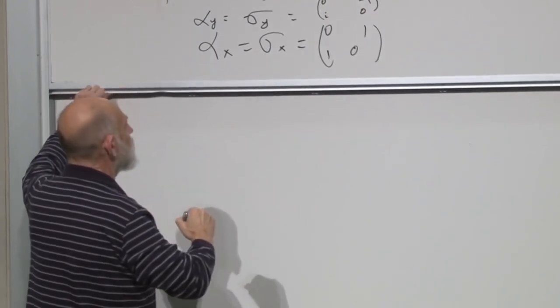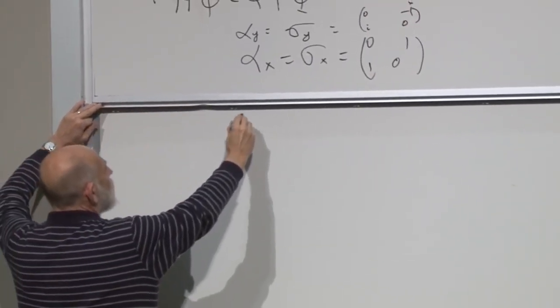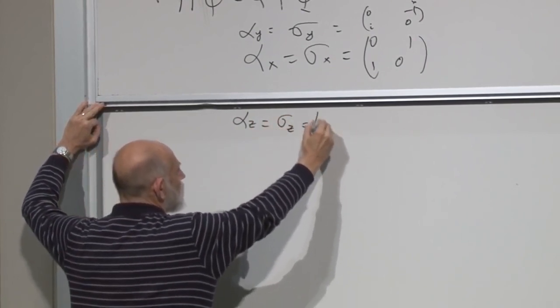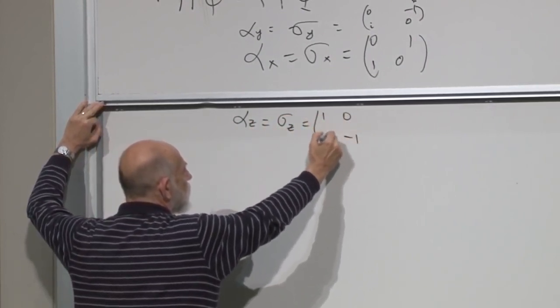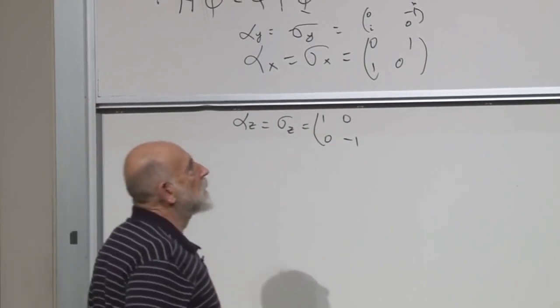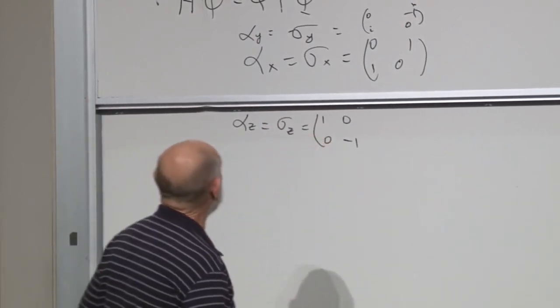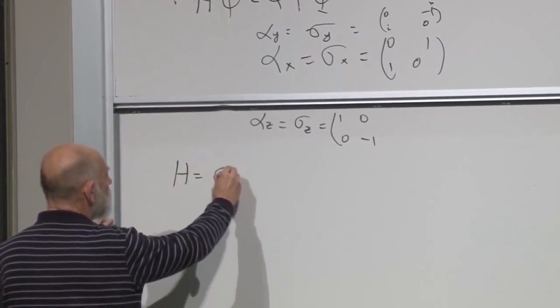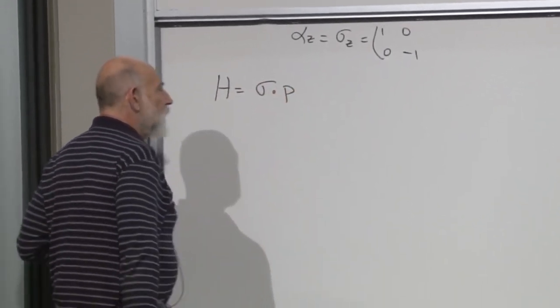And finally, the last one is alpha z equals sigma z, and that's the easy one to remember, (1, 0; 0, minus 1). And we got it. In other words, our Hamiltonian H is equal to sigma dot p.